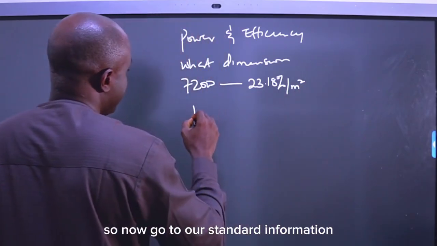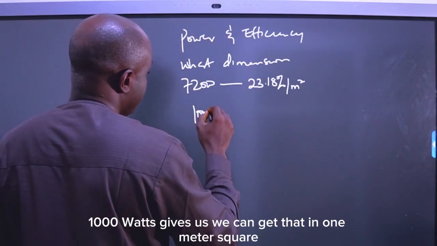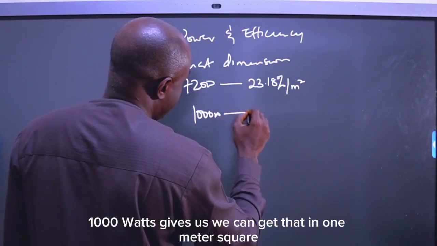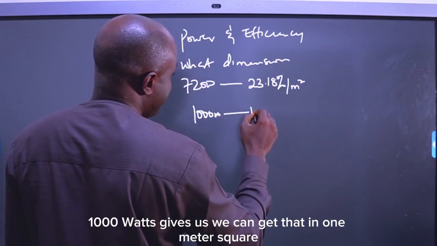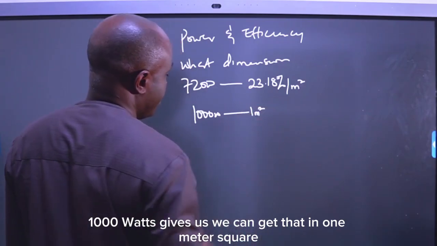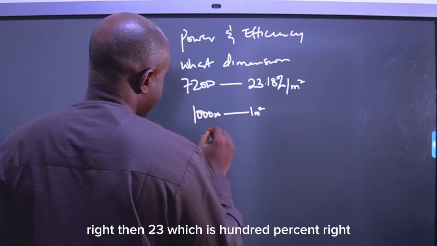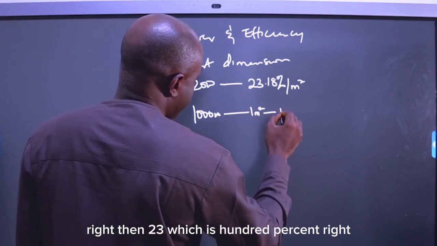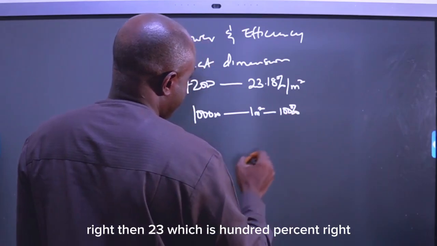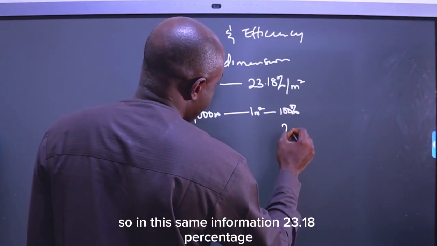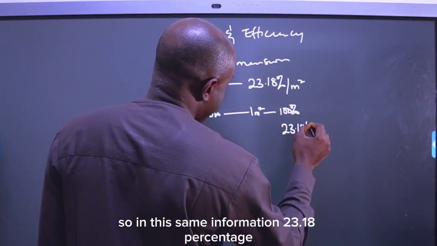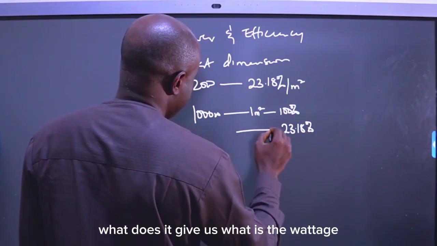So we'll now go to our standard information. 1000 watts, we can get that in 1 meter square, right? That is 100%. So in this same information, 23.18 percent, what wattage does it give us?